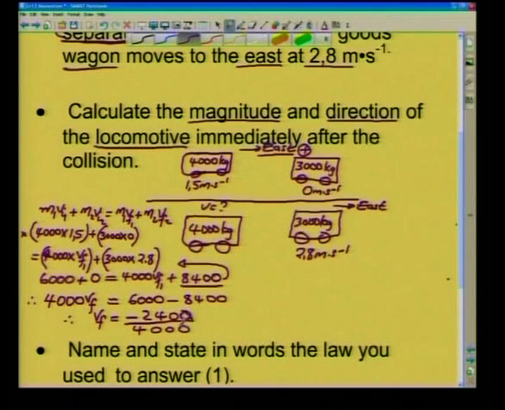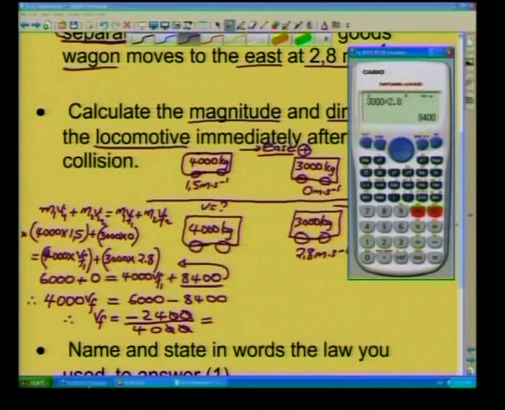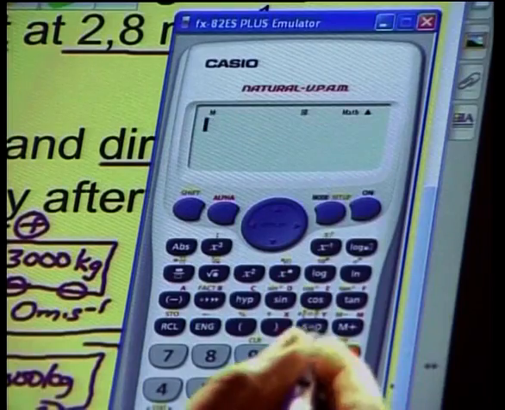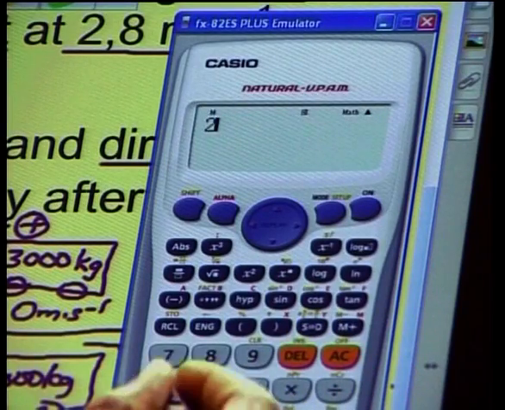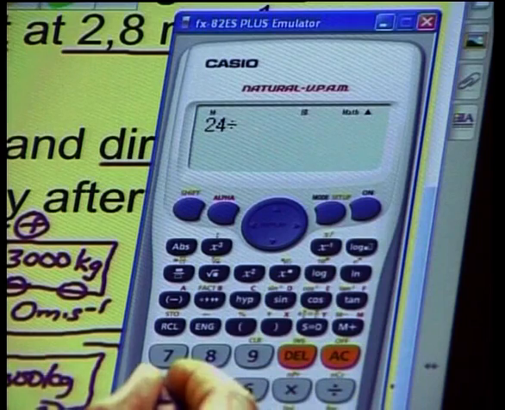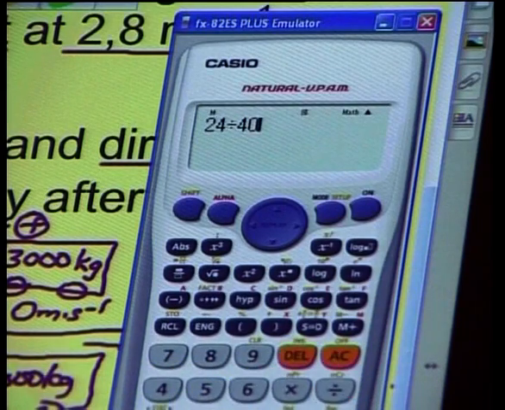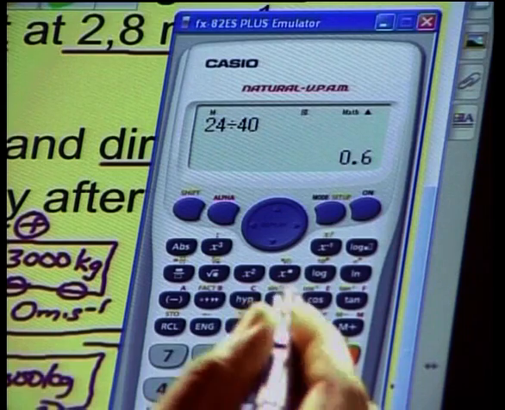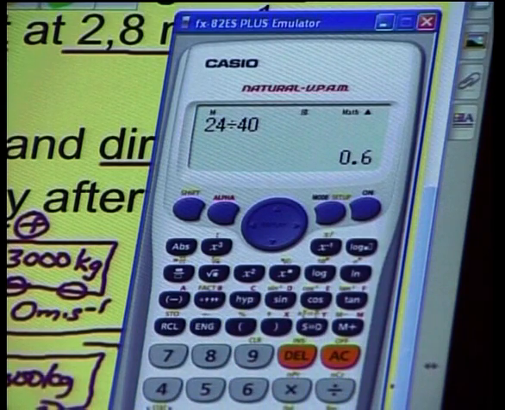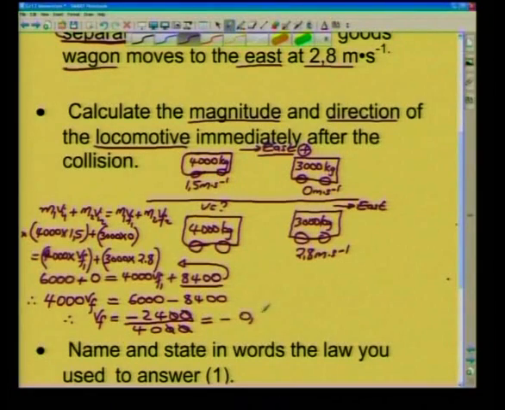If we use our mathematical skills there, that comes down to minus 24 divided by 40. Now, what is minus 24 divided by 40? 24 divided by 40, and the answer is minus 0.6.